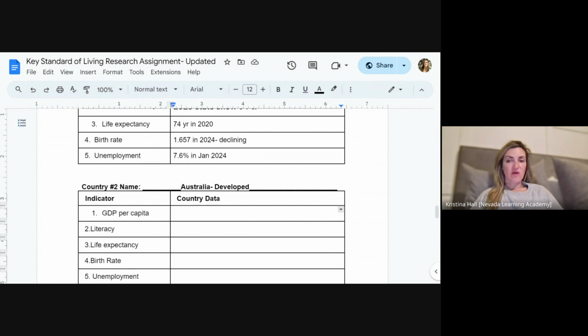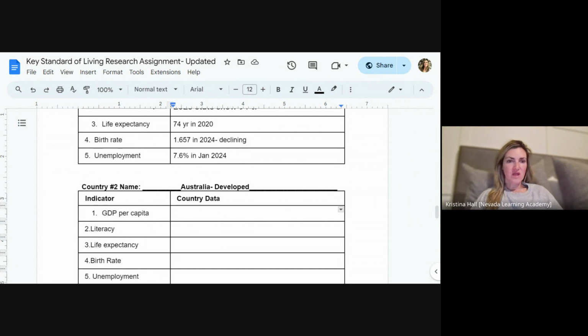Okay, so it's doing really well. Per person, per capita, which would be per person, that was 2016, which would be 49,875 US dollars in Australia. Overall, they are 1.5 trillion. So let's see if we can find more recent.